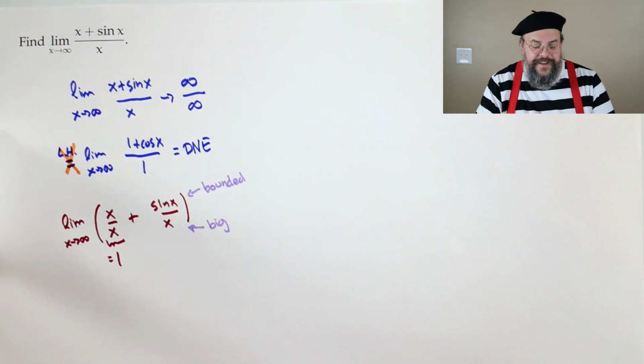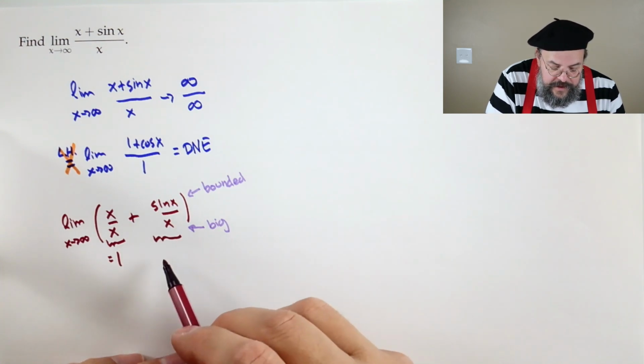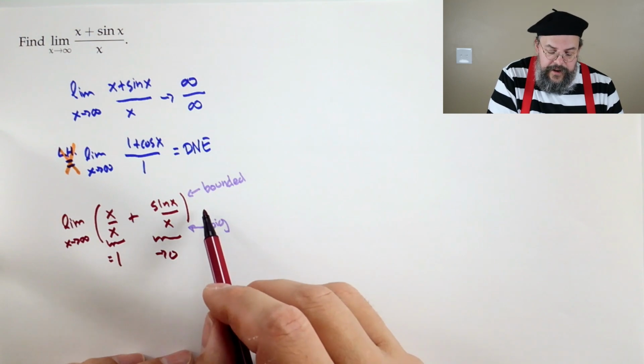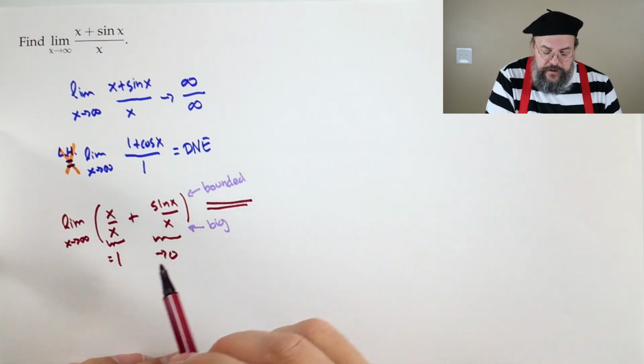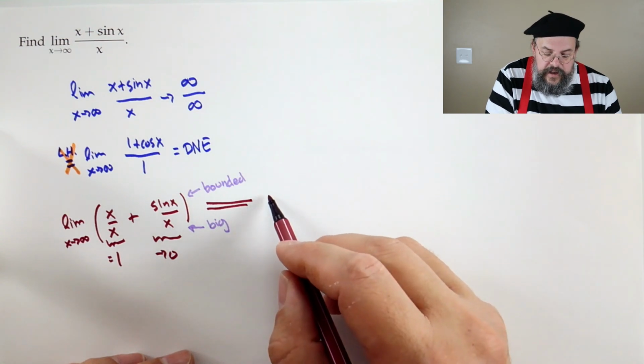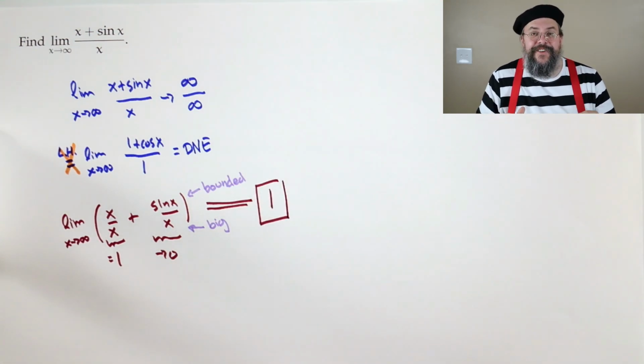So sine x over x, as we head towards infinity, goes to 0. And therefore, the limit of x plus sine x over x goes to 1.